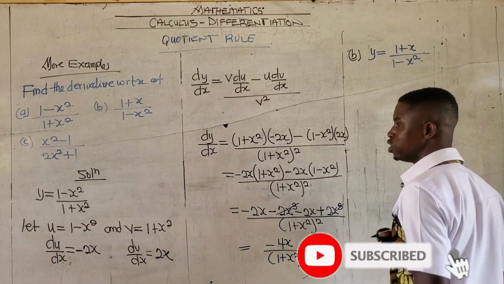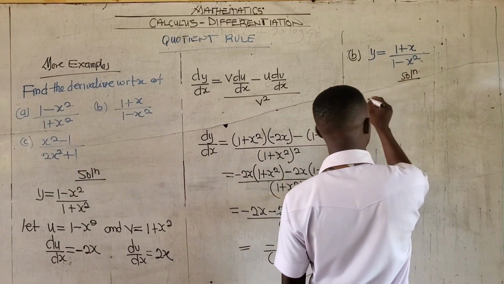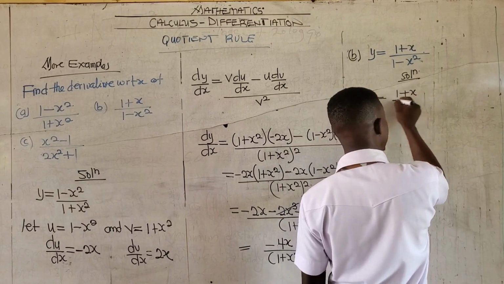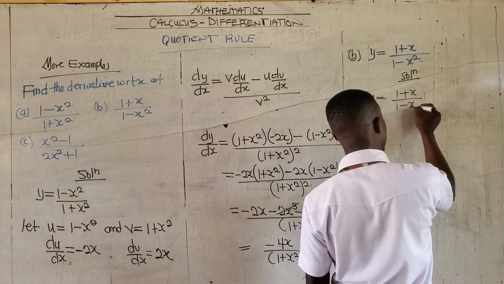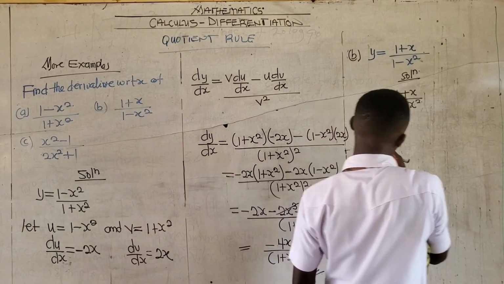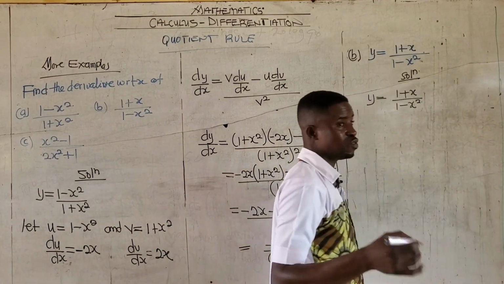So, let's write our solution here. The question is y equals (1 plus x) divided by (1 minus x squared). We are going to denote the numerator and the denominator by u and v respectively.